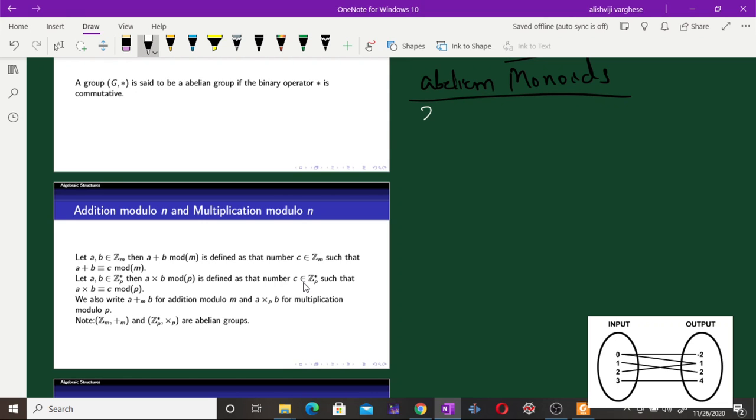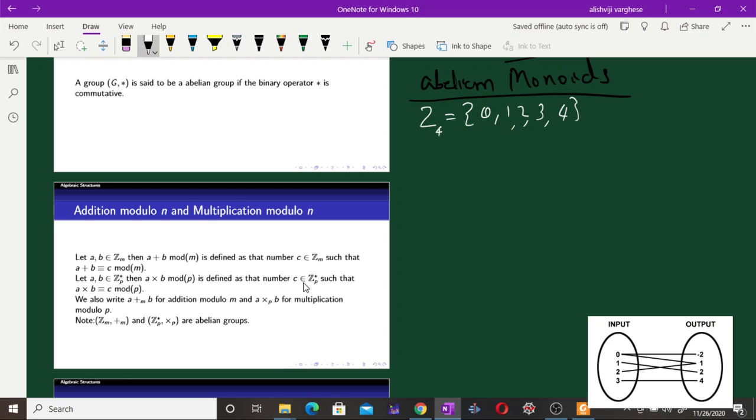Consider the set Z4. Z4 is the set of equivalence classes modulo 4.